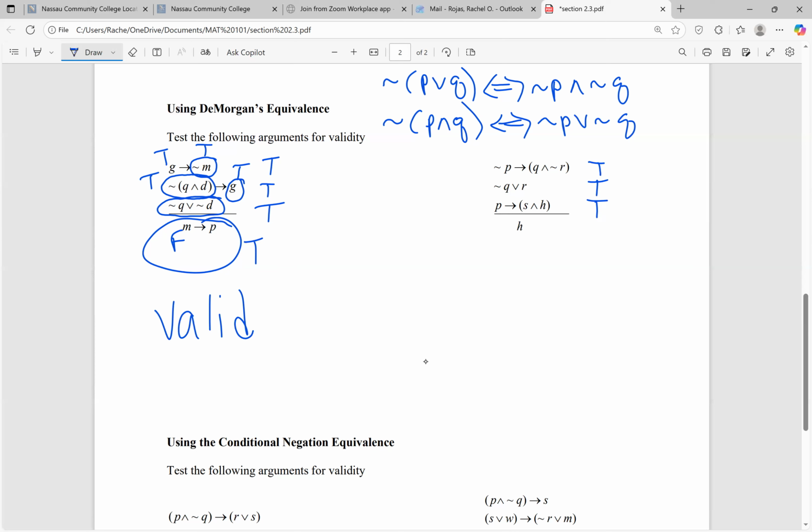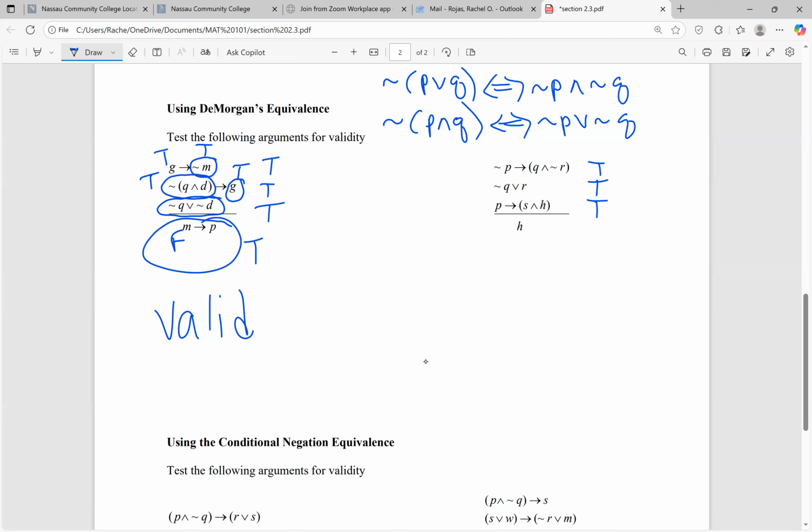This section is focusing on De Morgan's, but if this was just a random question and you were having trouble figuring out how to label P, Q, R, S, and H, think of equivalences. Now, I see an and, I see an or, and I see a negated value. So I'm thinking, maybe De Morgan's.